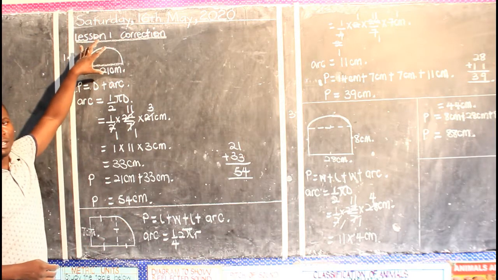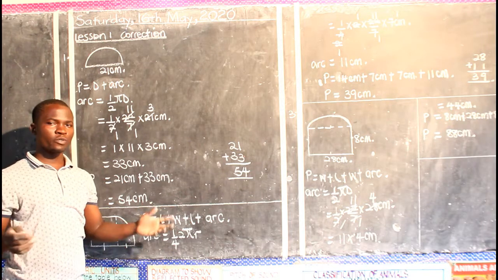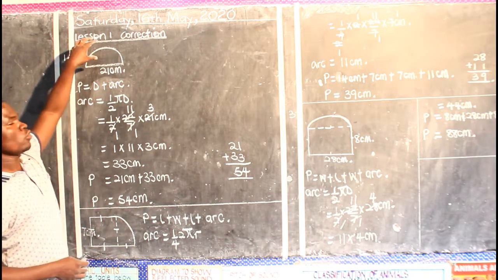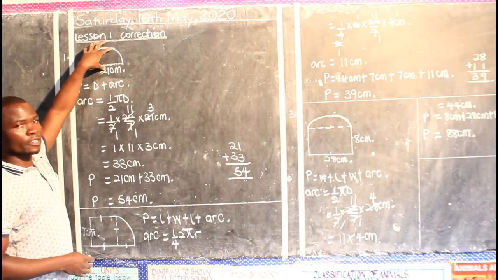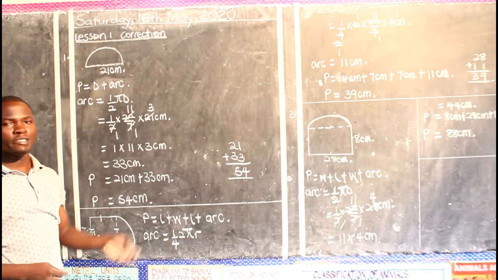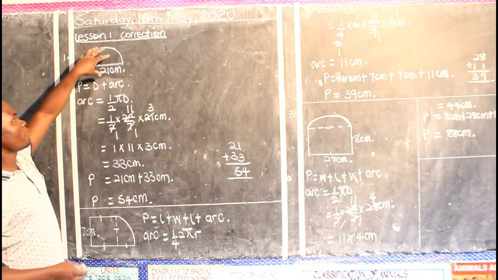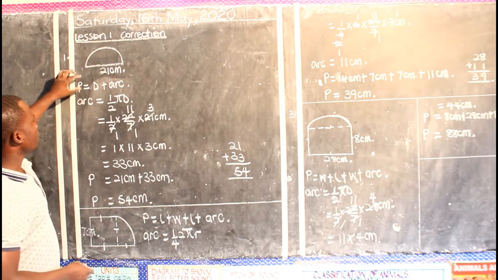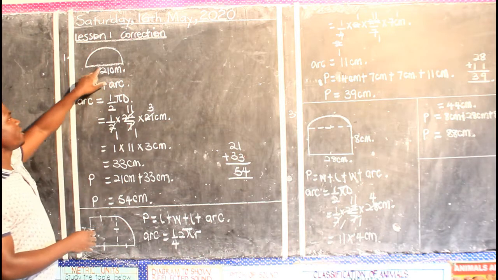One, we had a semicircle in our activity. And remember the question. The question was, find the perimeter of the figure. And the figure you are seeing is a semicircle. For the formula for getting the perimeter of the semicircle, we just look at the semicircle itself.